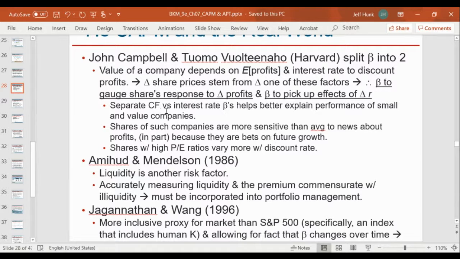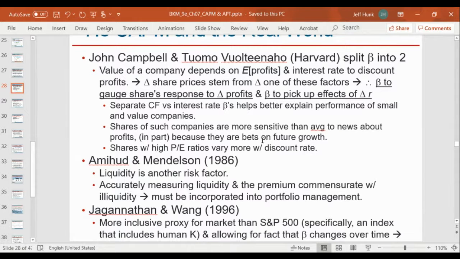Separating cash flow betas from interest rate betas helps better explain the performance of small and value companies. Value stocks, of course, are stocks that have higher earnings power for their price, right?